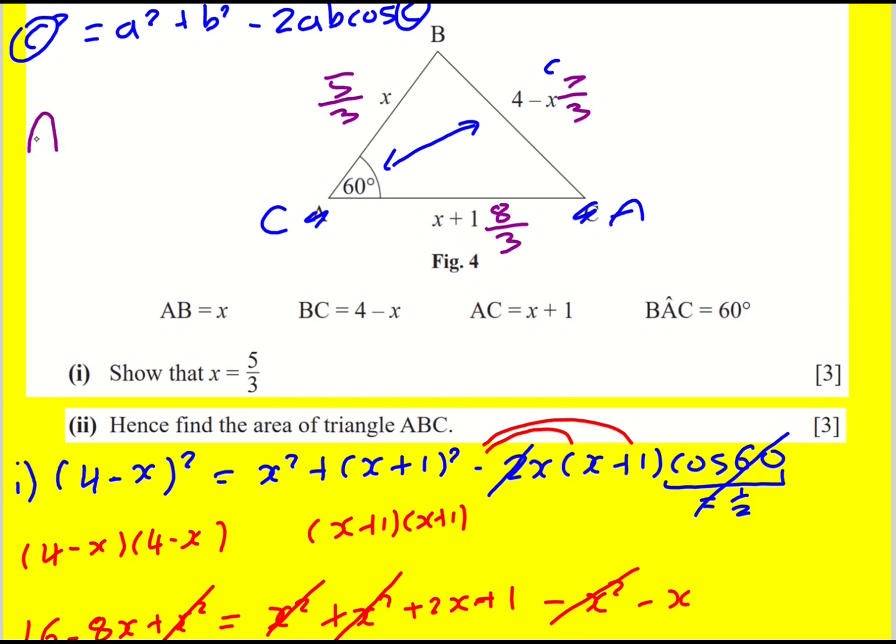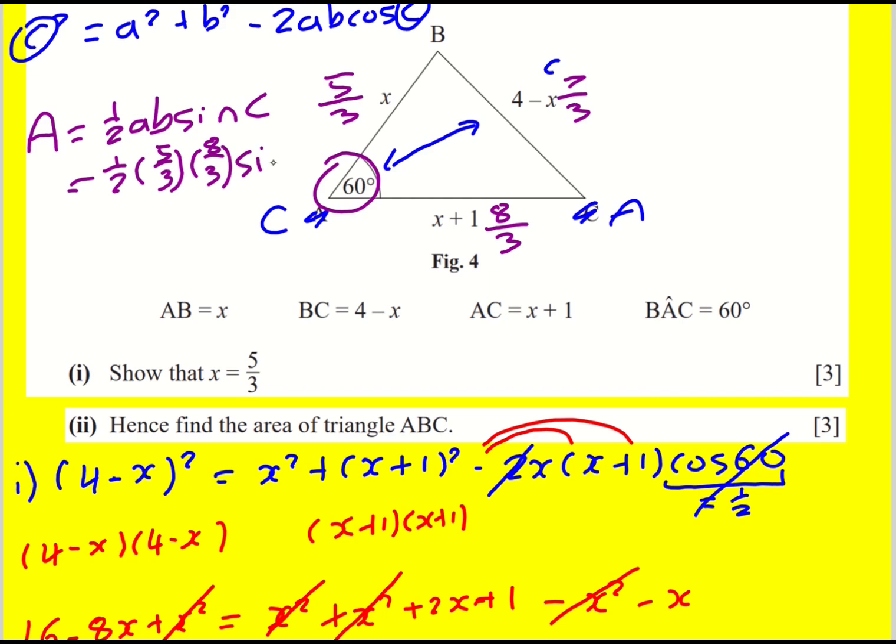So the area, I can use a half ab sine C, 2 sides and the angle in between. So this is going to be the angle that I use. Again, I'm going to use the C that I've labeled. So a half times 5 over 3 times 8 over 3 times sine 60.